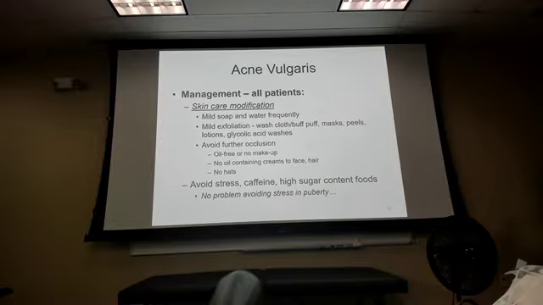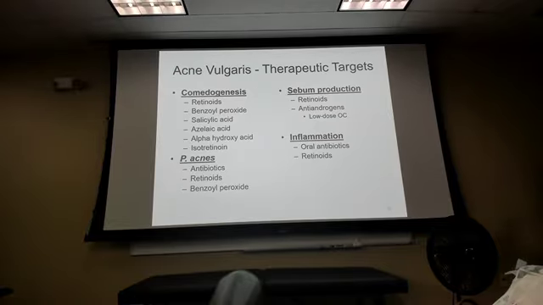So here are therapeutic targets that are breaking it down into what is out there. If we're talking about that initial stuff, so we're seeing some of the comedones, whether they're open or closed, then we can try some of the retinoids. We can try some of the peroxide, salicylic acid, azelaic acid, alpha hydroxy acid.